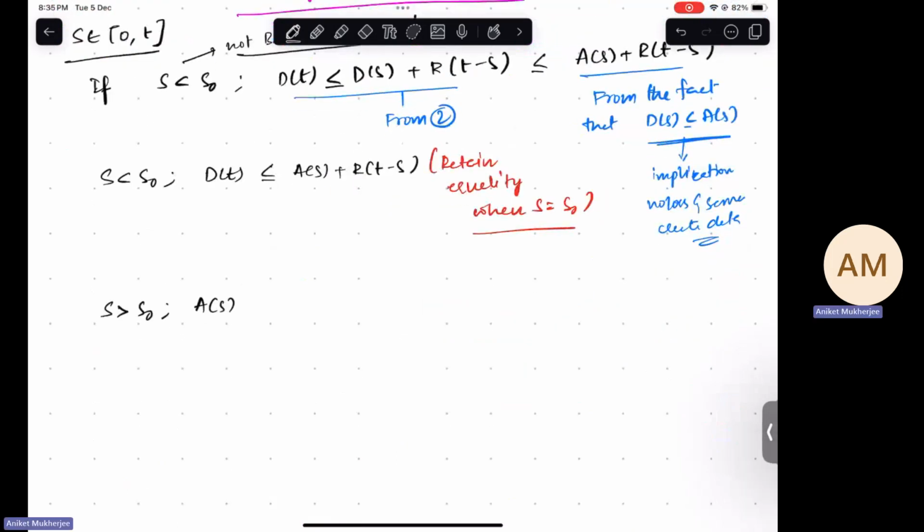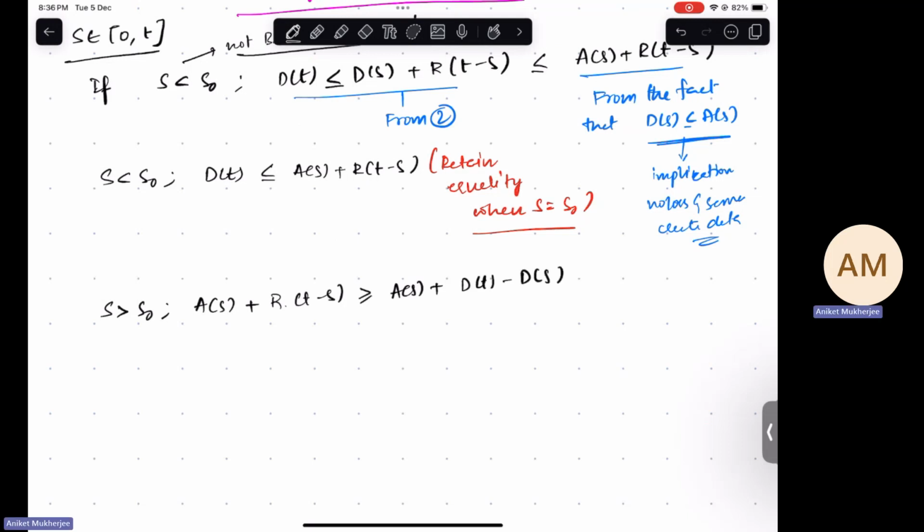So then you have A(t) is greater than or equal to A(s) plus d(t) minus d(s).